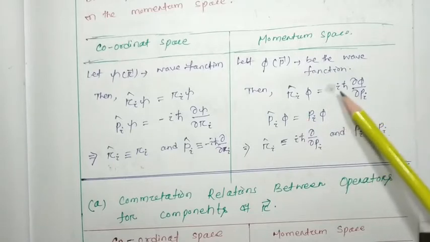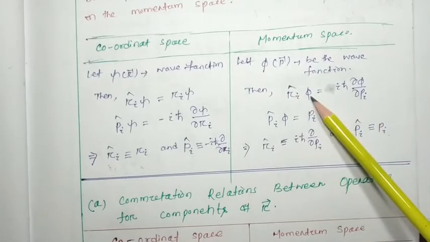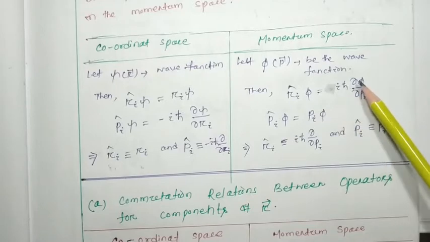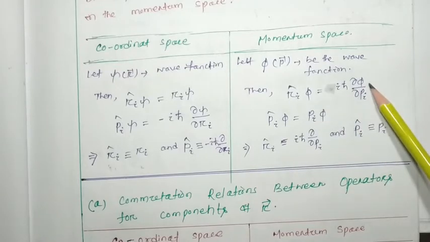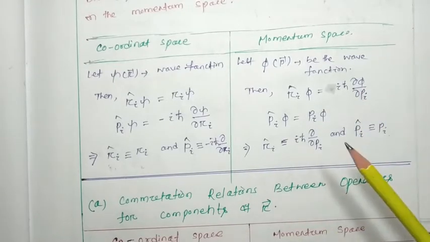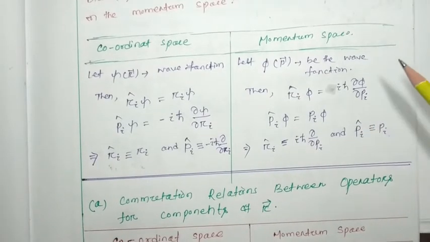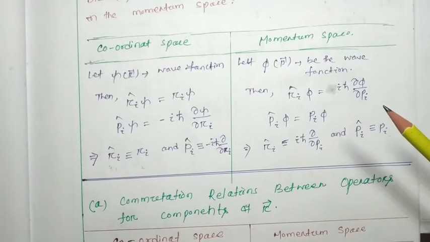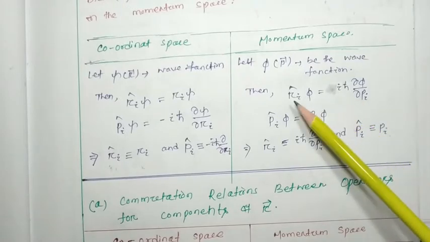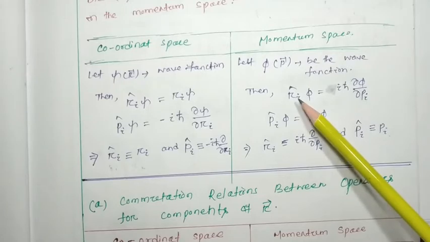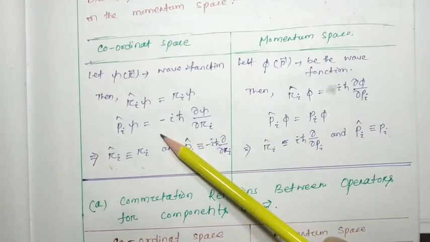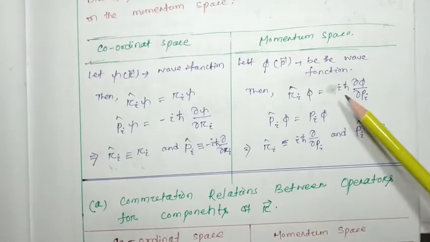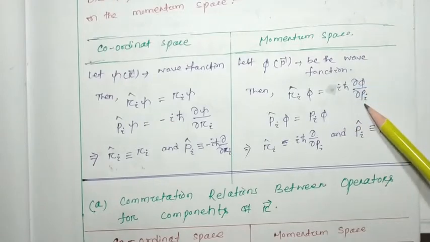So in generalized form we can write Ri cap phi equals i h cross del by del pi phi. Whenever we derived the expectation values and operators chapter in our previous class, you can refer to that, we found that x cap in the momentum space is equal to i h cross del by del px.